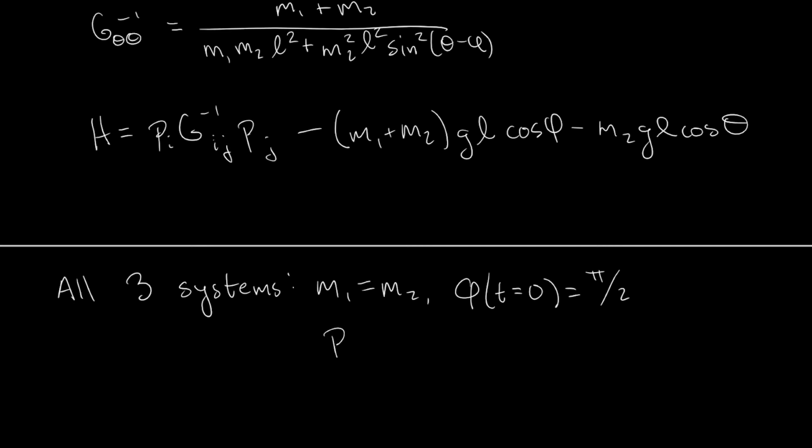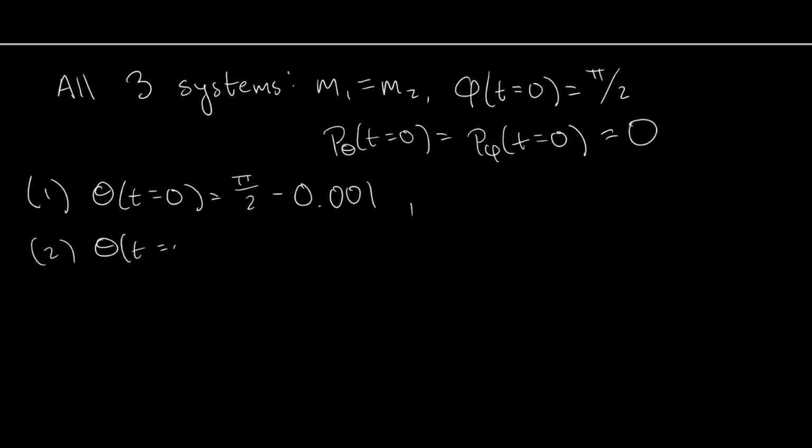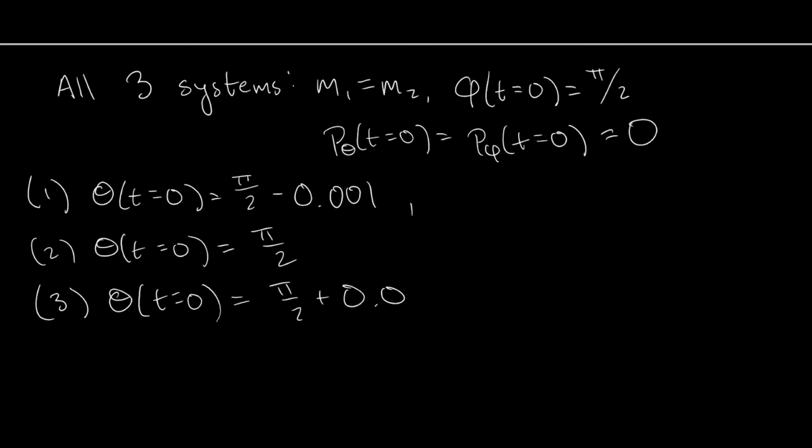And p theta at t equals 0 is equal to p phi at t equals 0, which is equal to 0. But we're going to run 3 different situations. The first being theta at t equals 0 is equal to pi over 2 minus 0.001. The second is theta at t equals 0 is equal to pi over 2. And the third is theta at t equals 0 is equal to pi over 2 plus 0.001.